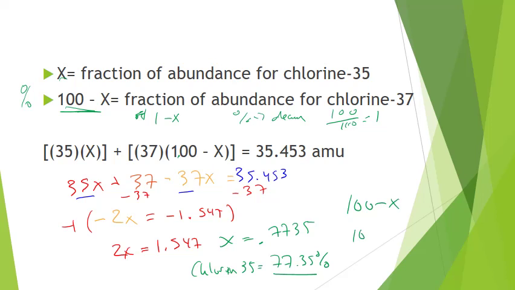So 100 minus 77.35 is equal to 22.65. So that's the relative abundance of chlorine, which I can't spell apparently, chlorine 37.